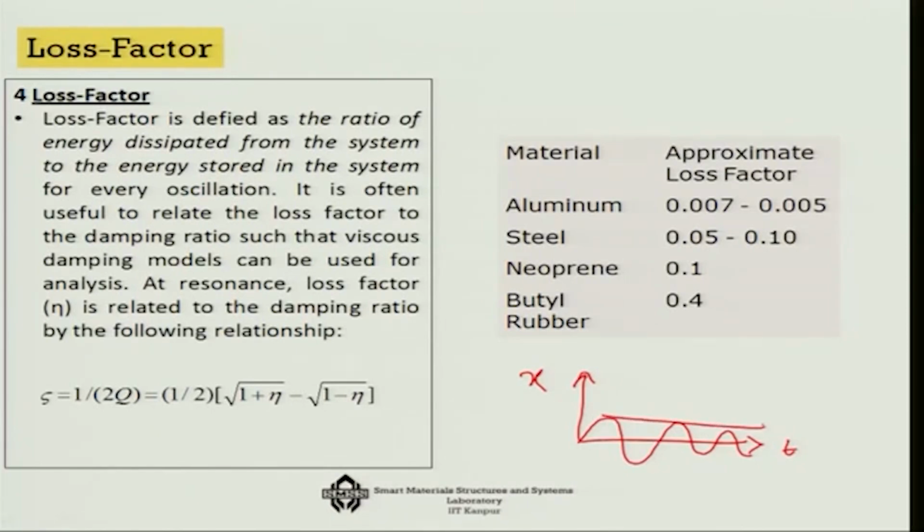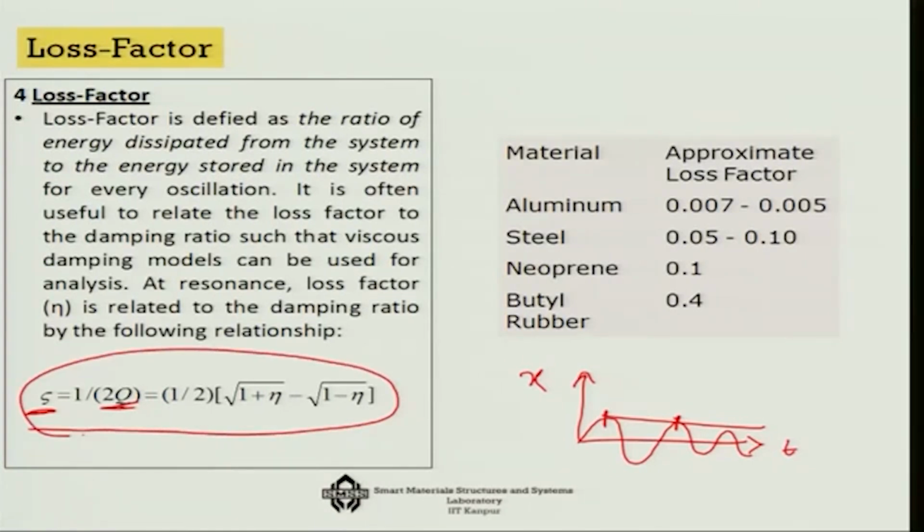For one particular cycle, let us say from this point to this point, you have to find out the ratio of the energy dissipated from the system to the energy stored in the system. That gives you the loss factor eta, which is a material property, and this eta is related to both the quality factor and zeta by this particular relationship.